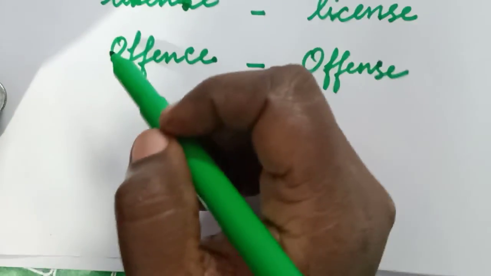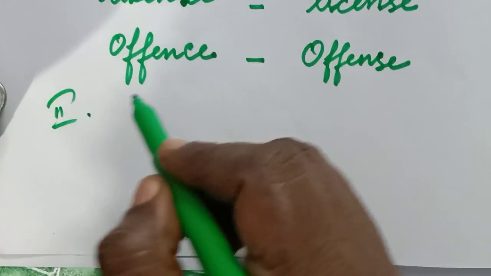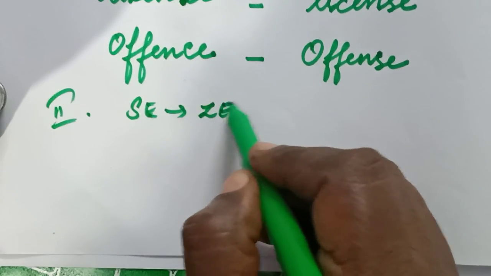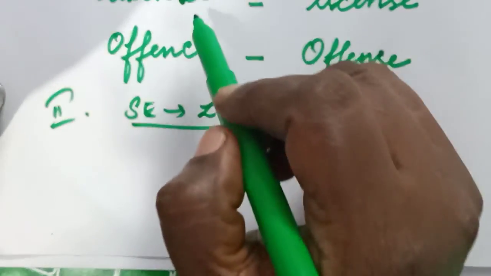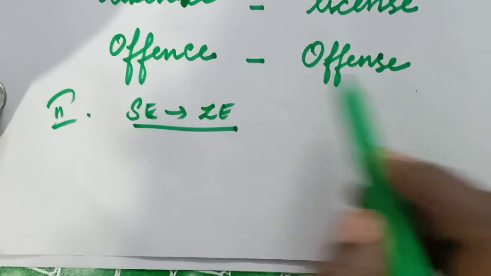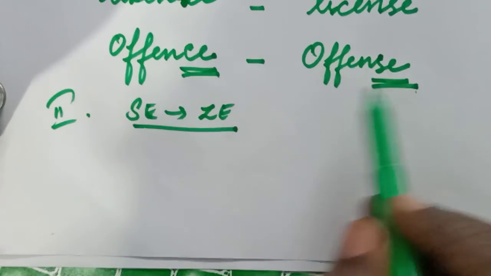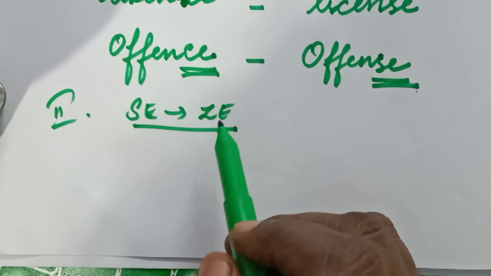Now the second type is the SE to ZE type. The first one we saw was the CE to SE type. The second one is the SE to ZE type.